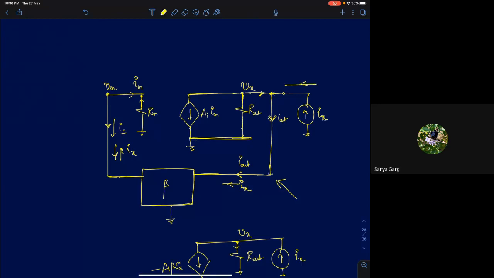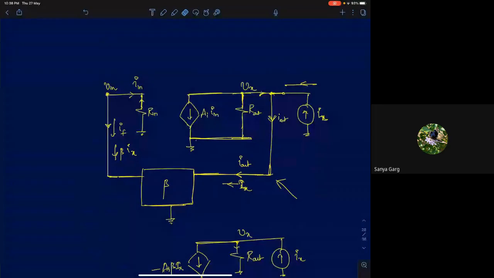Now, I said something very important here. Let's for the time being include this current source also in series with it. I'm including this current source because this feedback network has to entirely sample this current.